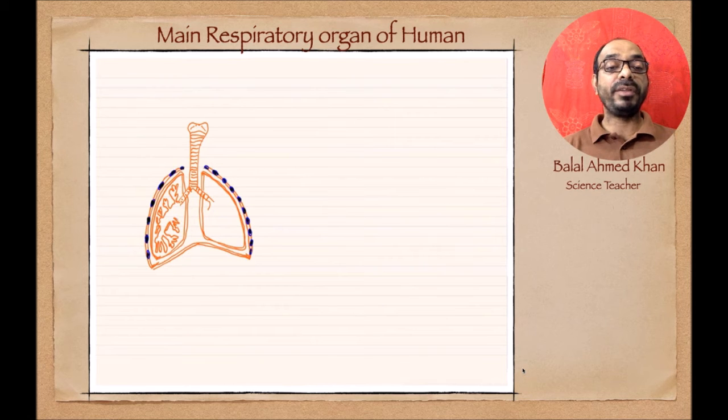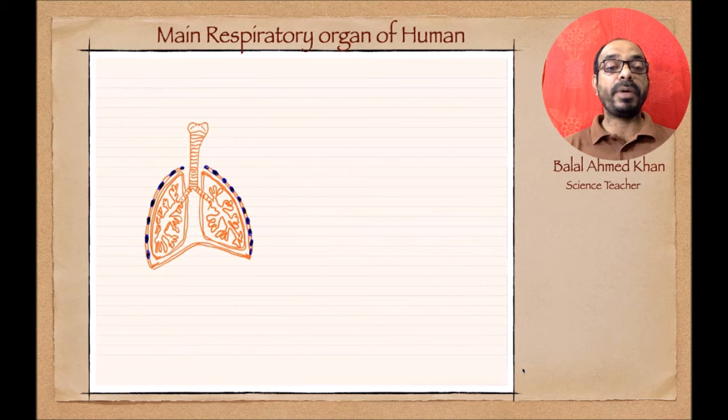Alveolus and alveoli are covered with thin blood vessels, thin capillaries. With the help of the thin layer of capillaries and thin layer of alveolus, exchange of gases occurs with the help of the diffusion process. This layer helps in diffusion.